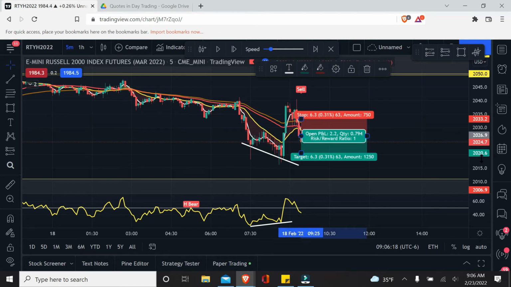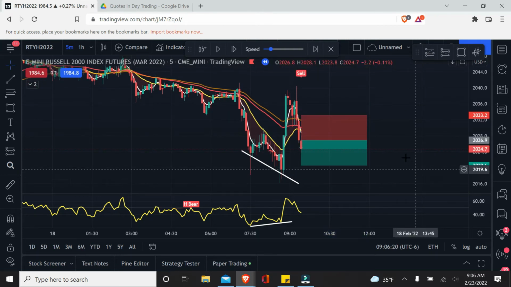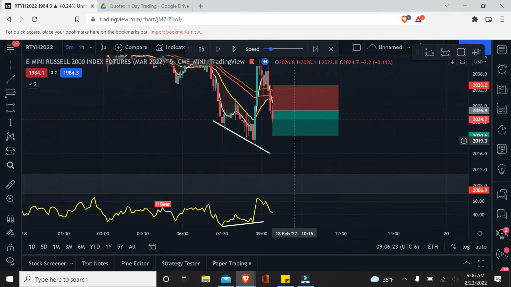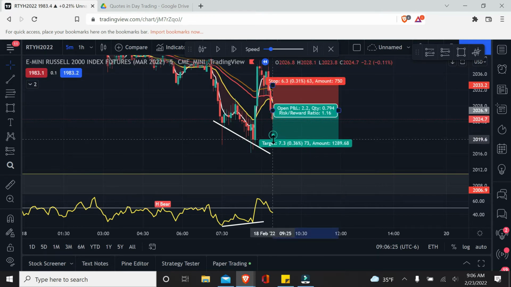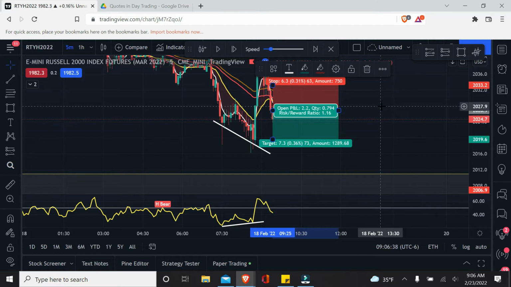Now, if we look left, the previous price movement went down, and this would give us a 7-point take profit.